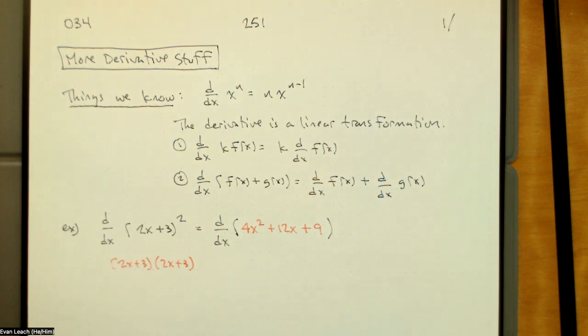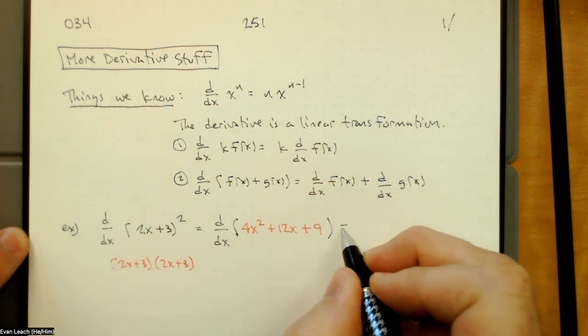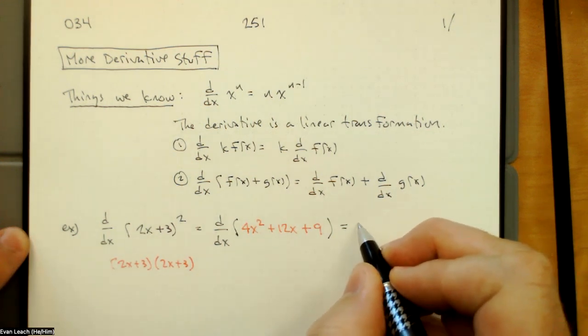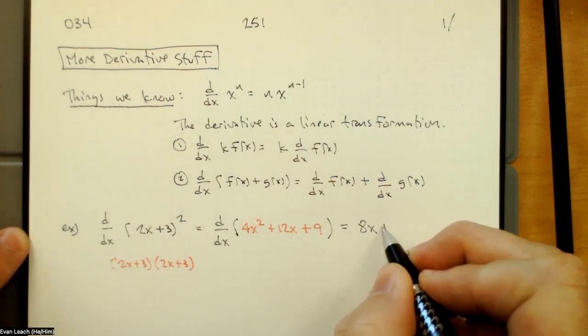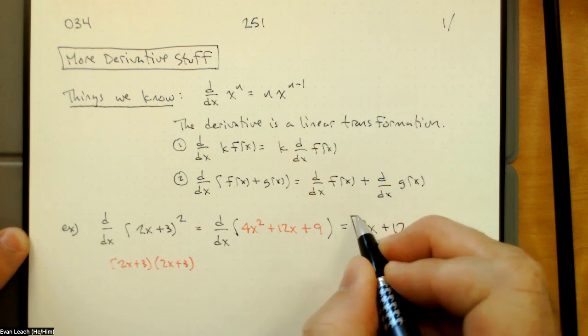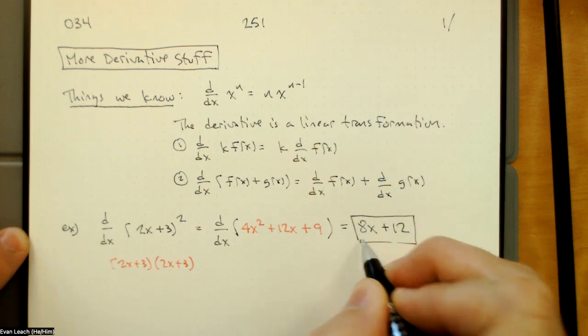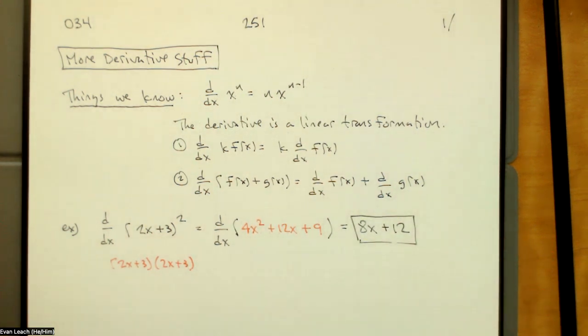Then we can take the derivatives a term at a time. If we can write things as a sum of powers of x, then maybe we should.